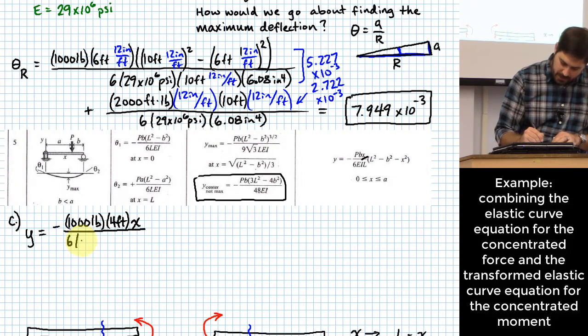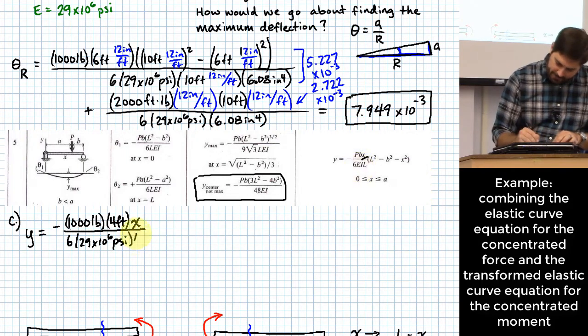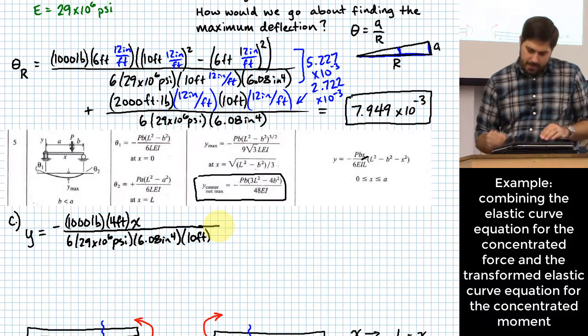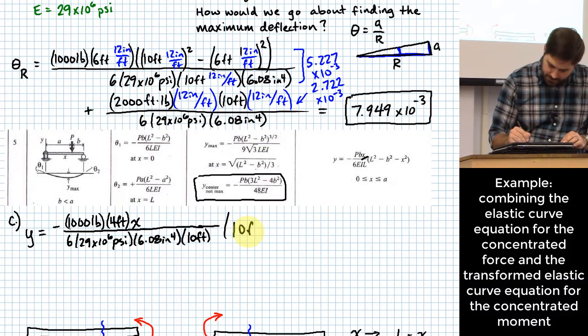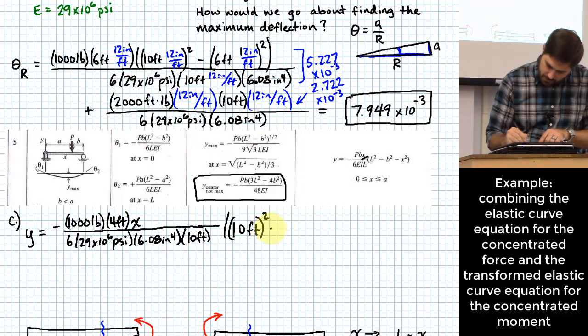6 E I L was 10 feet, times 10 feet squared minus B was 4 feet squared minus x squared.